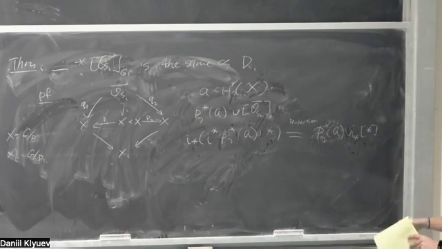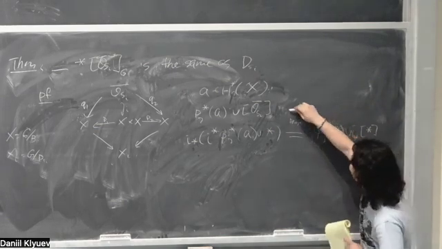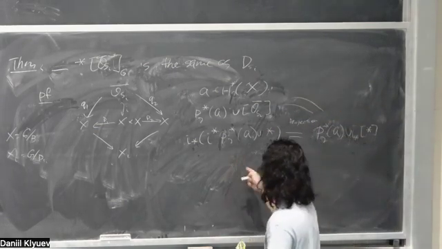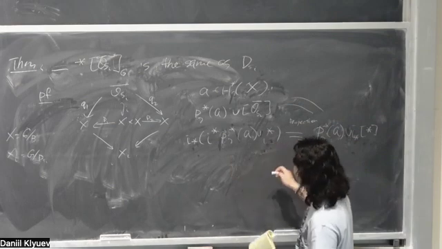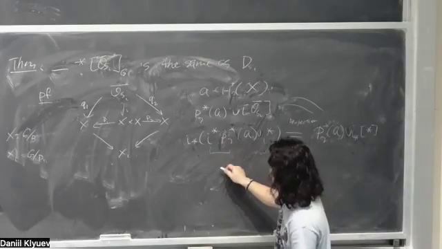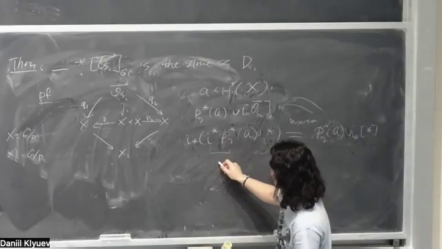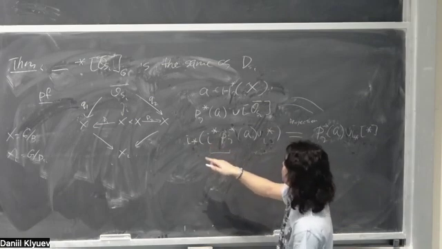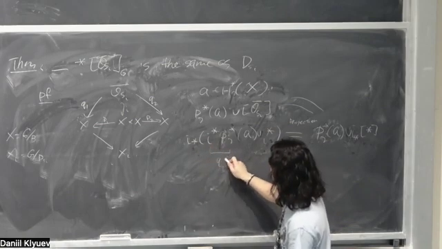So this is this, right? But this is literally identity, right? And then this is just equal to P2 this Q2.